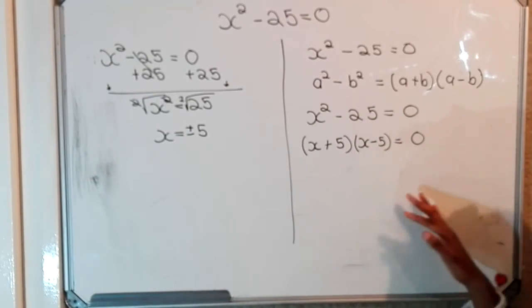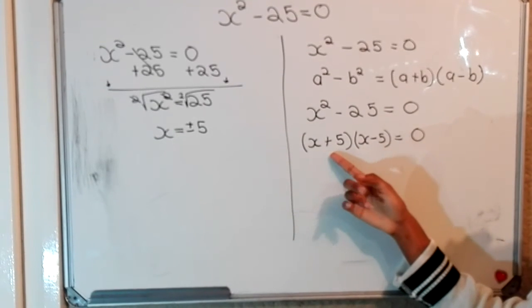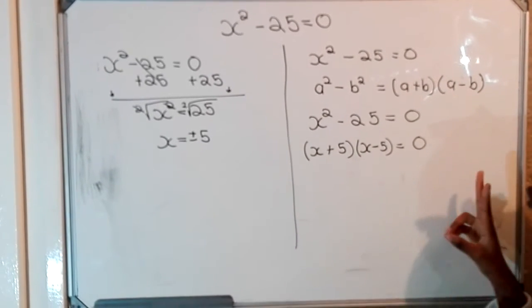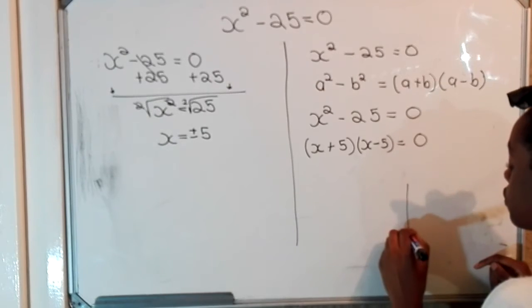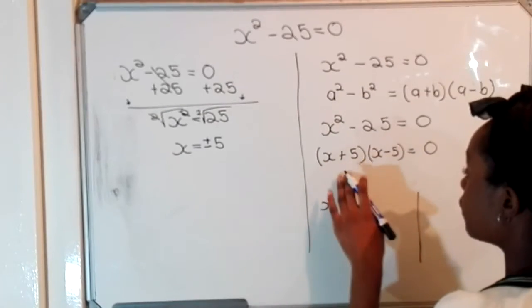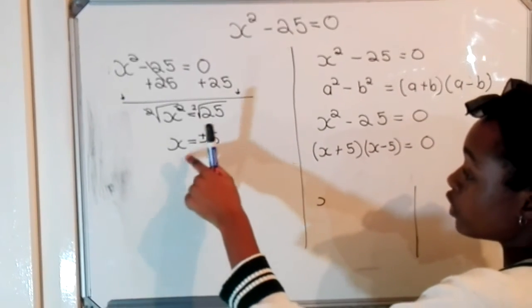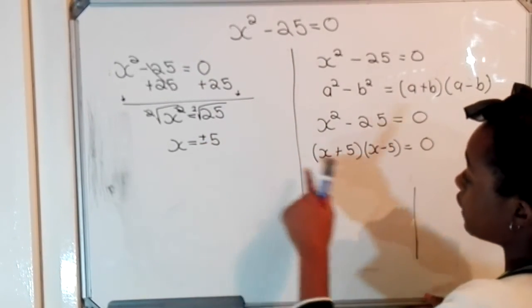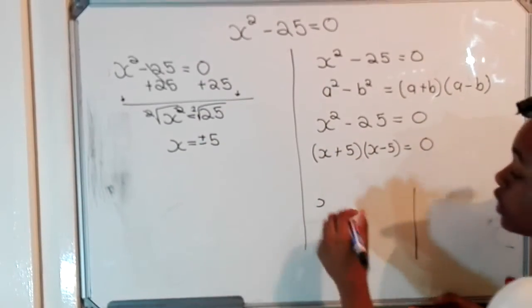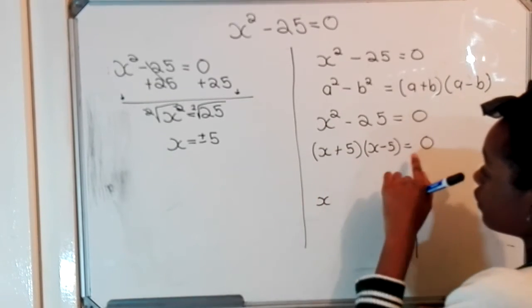So now we have x plus 5 and x minus 5. We're going to have two answers here. So now we have two factored answers. With this one here, we have two answers for x. We have plus 5 and minus 5. And here we have two factors, and we can now solve for the value of x.